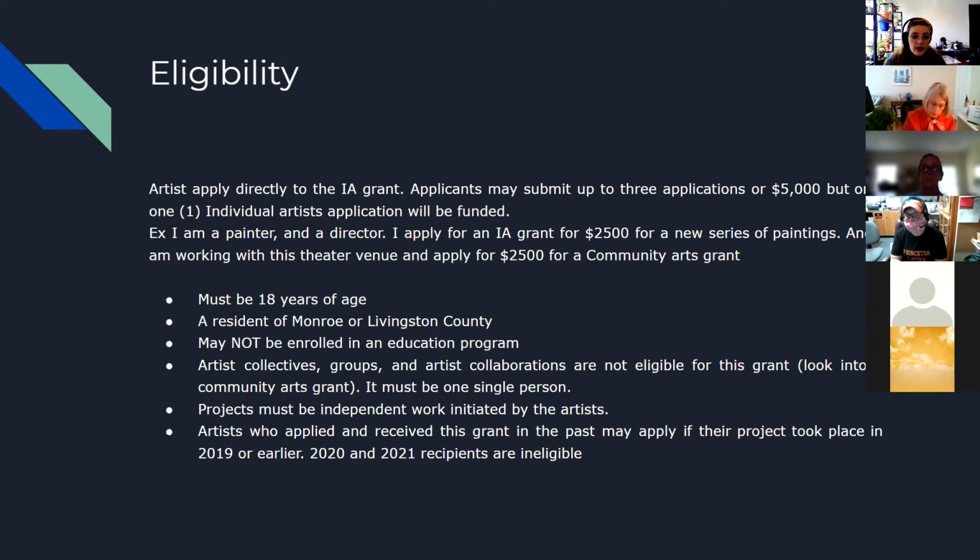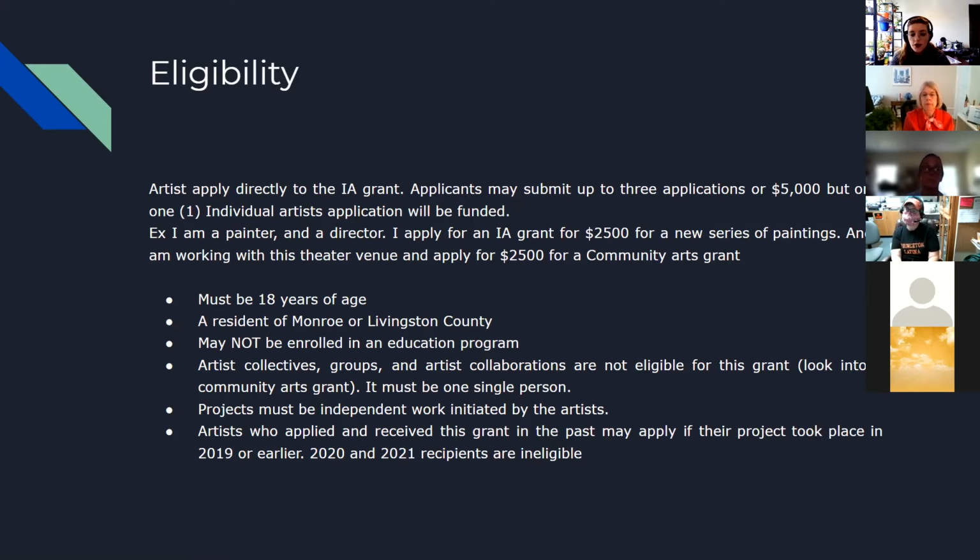For example, if I was a painter and a theater director, I could apply for one grant for a series of paintings and one for a theater workshop, but only one of those would be funded. But I could also apply for an individual artist grant and a community arts grant or arts and education grant, and I could have both of those funded as well.